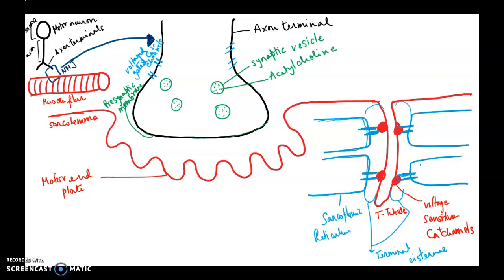These are calcium release channels. Now the voltage sensitive calcium channels in red and the calcium release channels have specific names that we will learn later. But for now, just know that on the T-tubules there are voltage sensitive calcium channels, and on the sarcoplasmic reticulum we have calcium release channels.